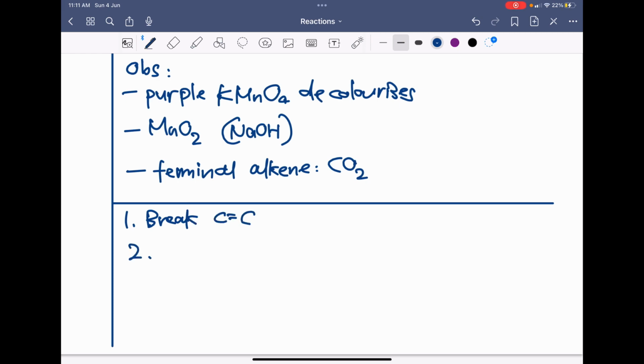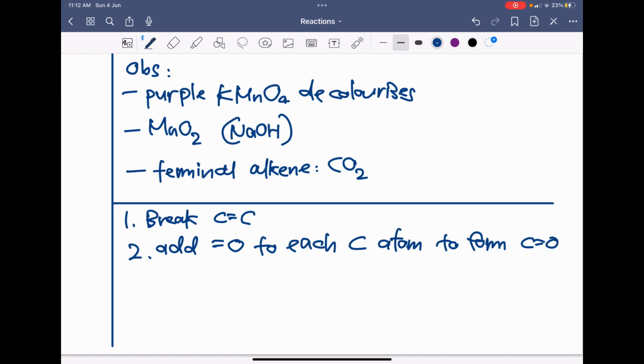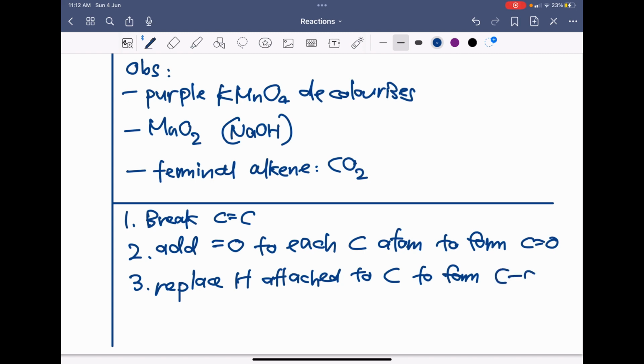Okay, step 2, you add O to each carbon atom to form C=O. Step 3, replace the H attached to C to form OH.